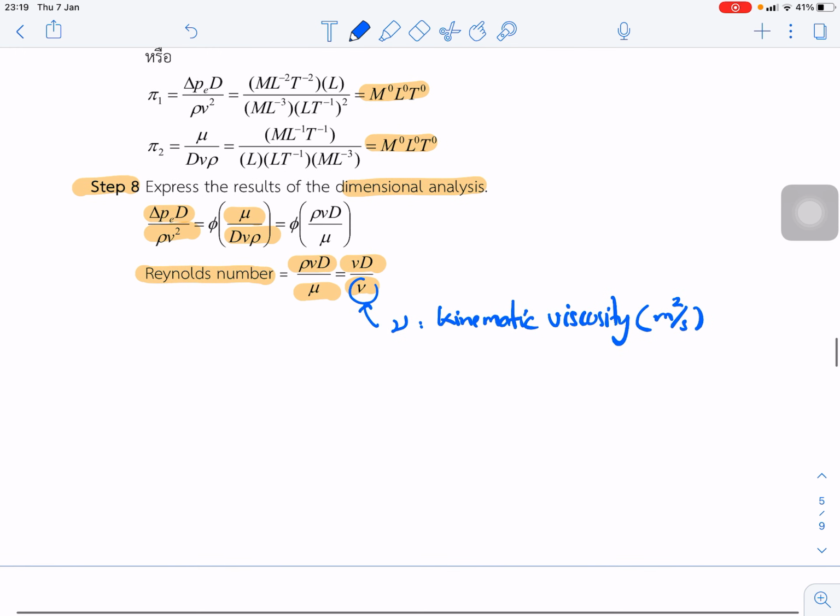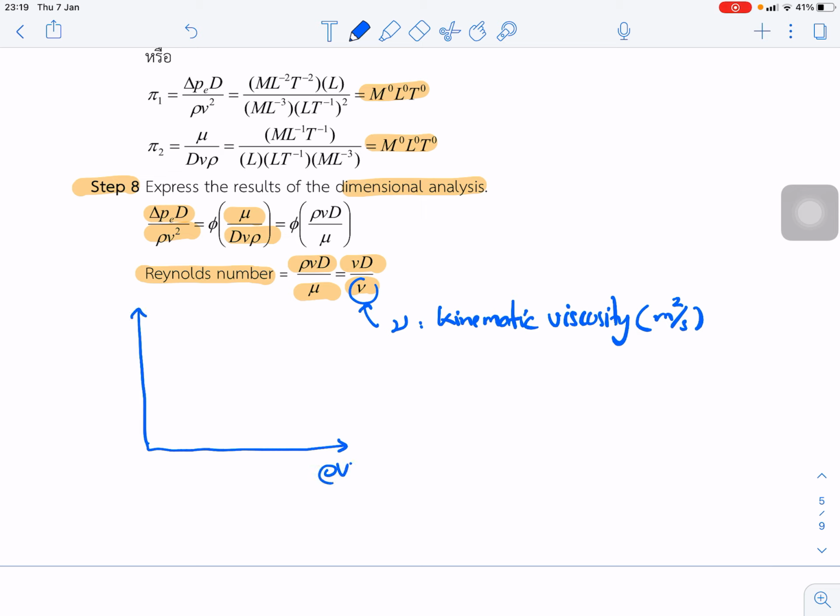From this we can run an experiment to get the relationship between these two parameters.